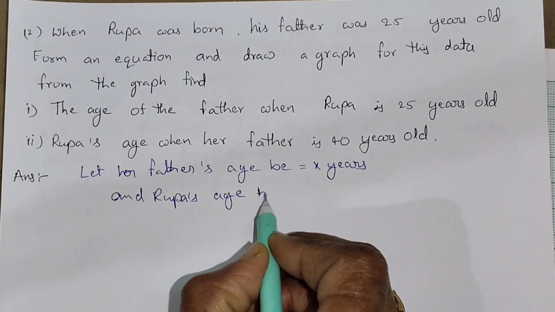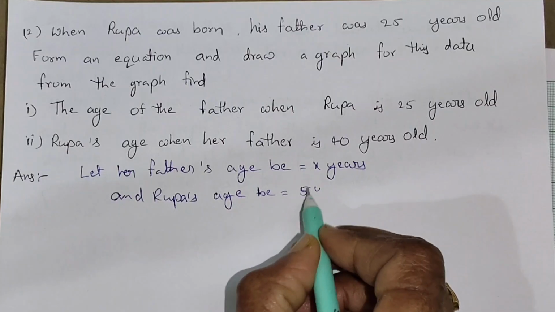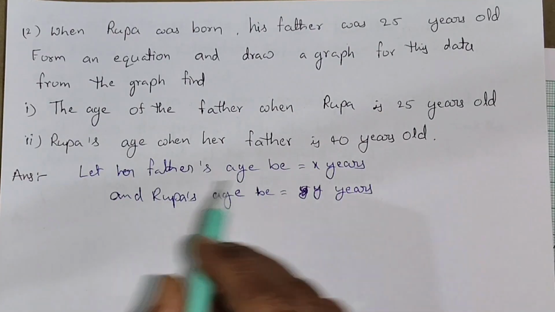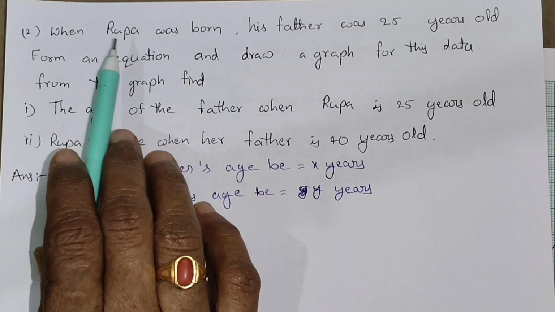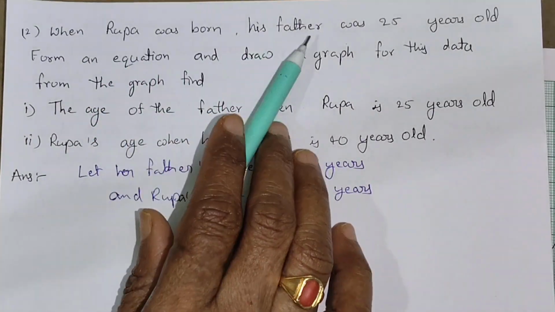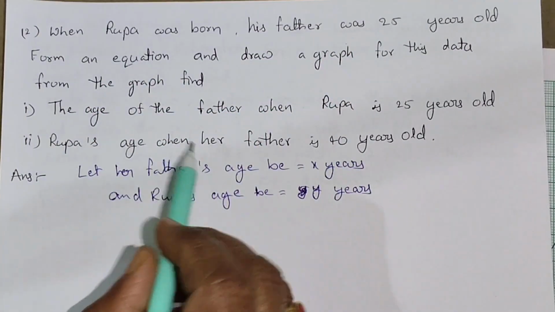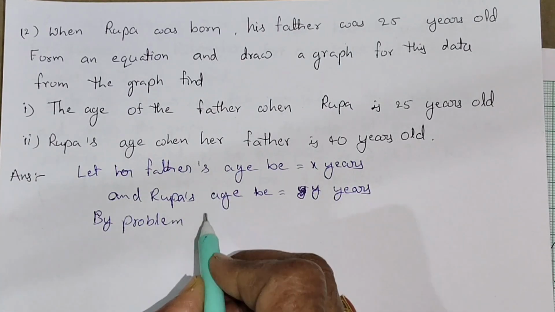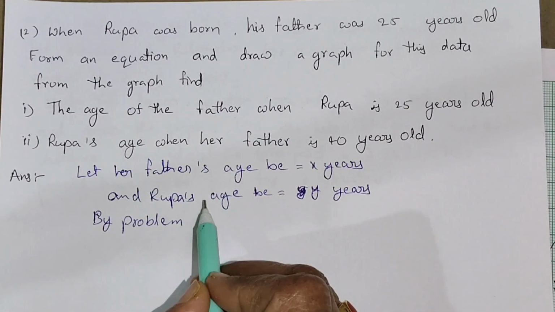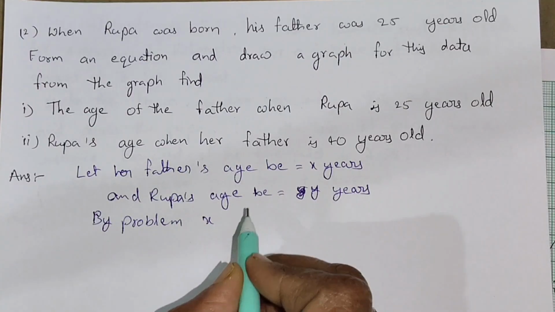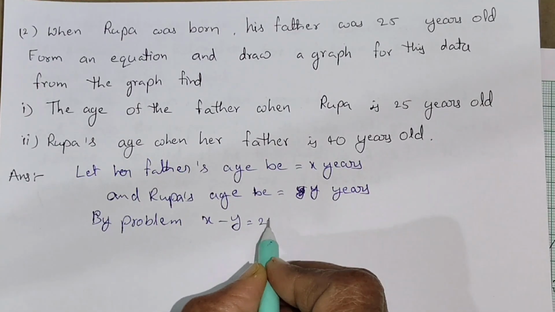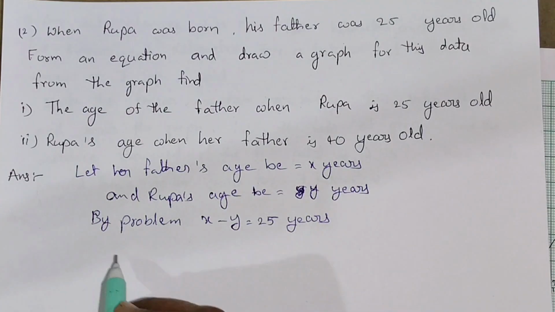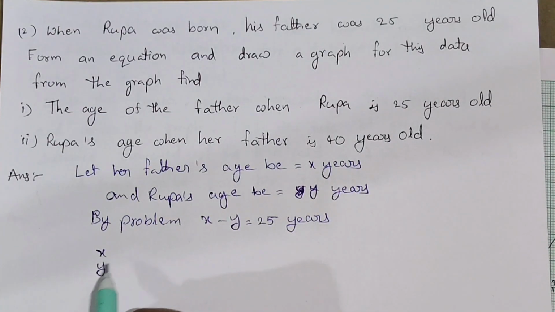By the problem, the father's age is x, Rupa's age is y. So x minus y is equal to 25 years.